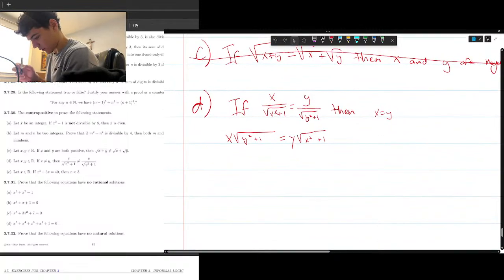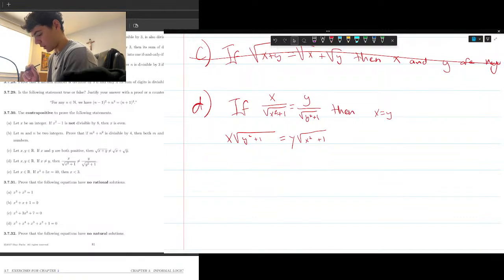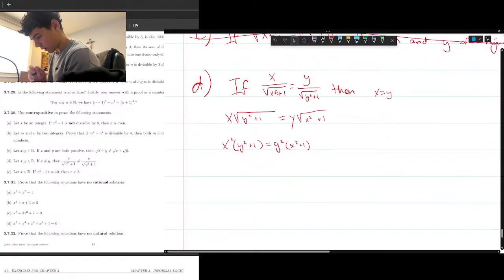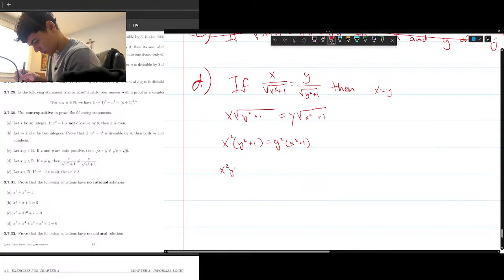Can I factor out? Okay, let's square both sides. No, yeah, let's square both sides. So we get x squared, and if we expand it now, no idea if this is right.